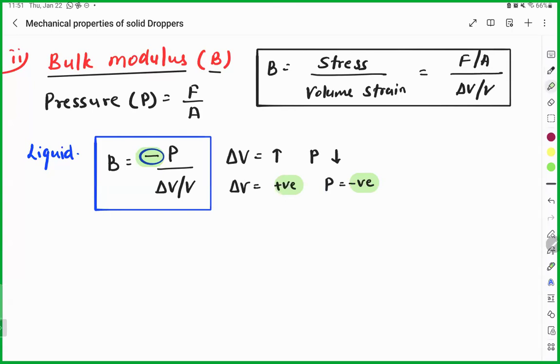Any doubt? If you increase pressure, if it is positive, you are increasing pressure, then delta V will be negative. Overall, if one of the values is negative, overall it will be negative. Make sense?